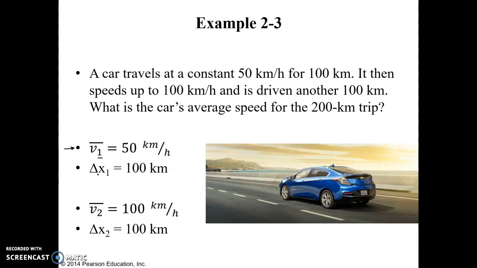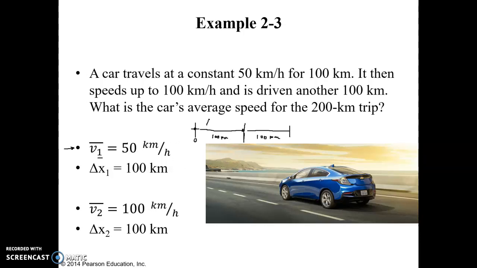Delta x1, the change in position, is 100 kilometers. So if we started at some origin on an xy axis with a value of 0, we traveled in the x direction 100 kilometers to get to this point. Then we're going to travel for another 100 kilometers to get to the next point.